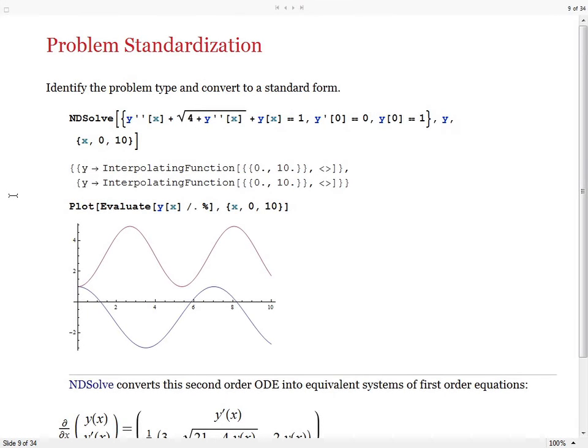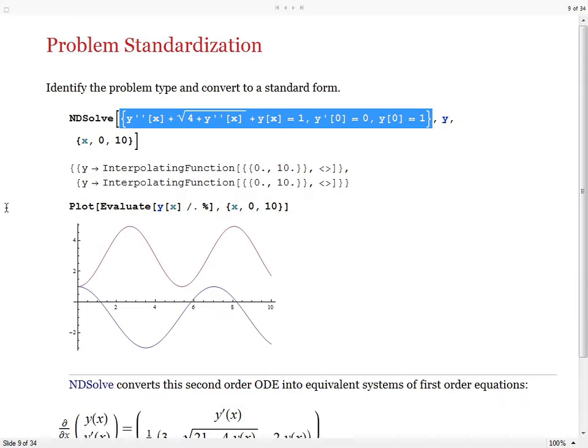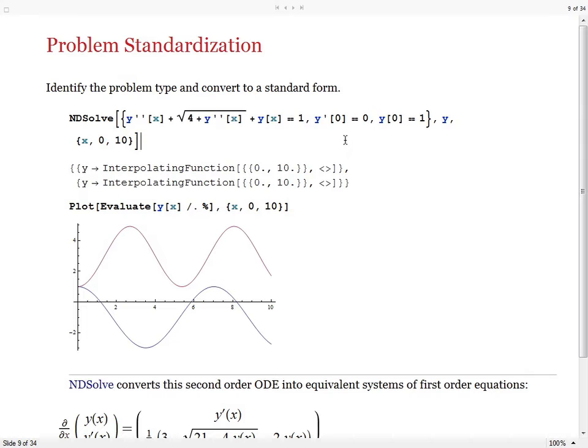A great example of automatic problem standardization is the function NDSolve for numerically solving differential equations. NDSolve lets you specify the set of differential equations and boundary conditions in a natural mathematical notation. In this case, the differential equation implicitly gives the second derivative y double prime.